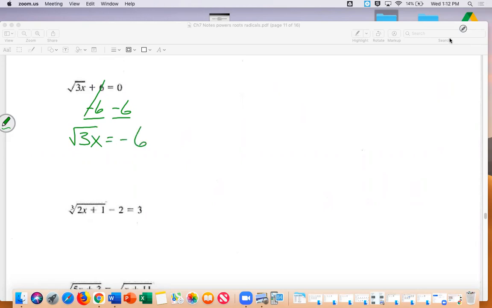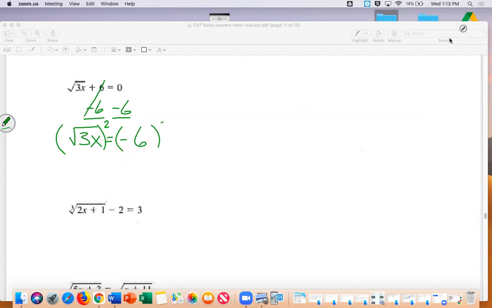And this is where, Emily, a lot of people stop and say no solution, but we can have the square root of a number be negative. Think of it this way. The square root of 9 is 3, right? Because 3 times 3 equals 9. But -3 times -3 also gives me 9. And that's what this is saying. I can have the square root of some number be negative. So Emily, how do I undo the square root?